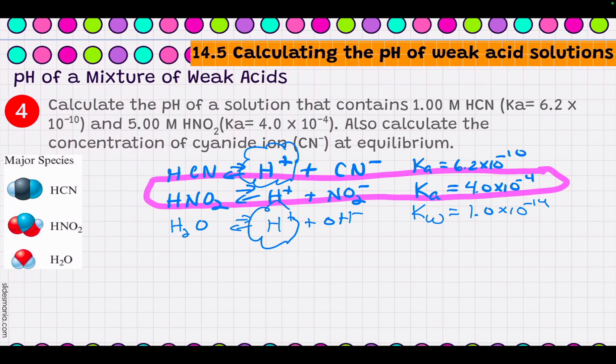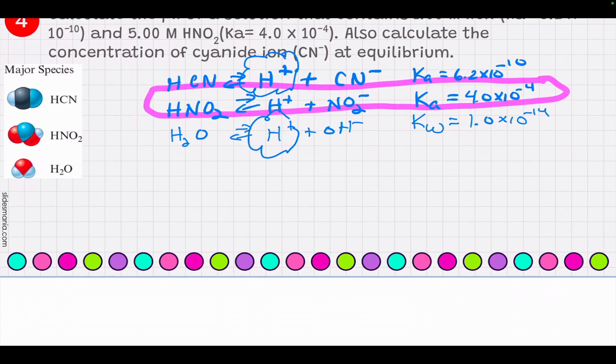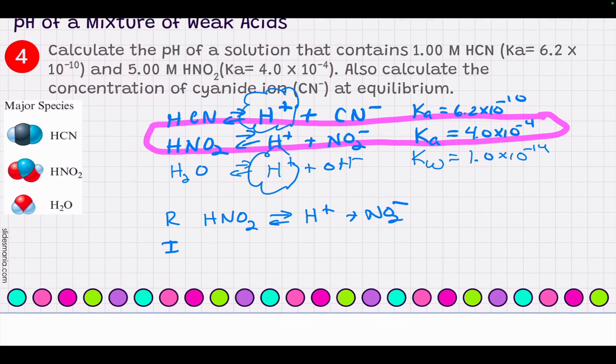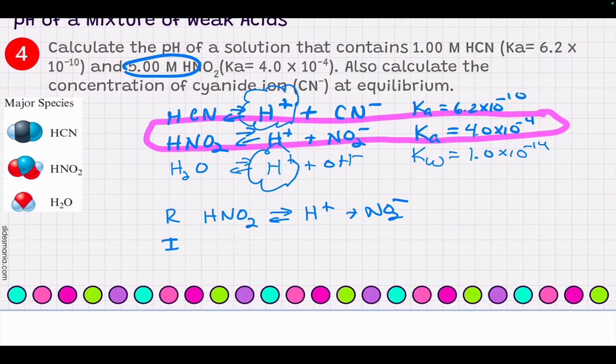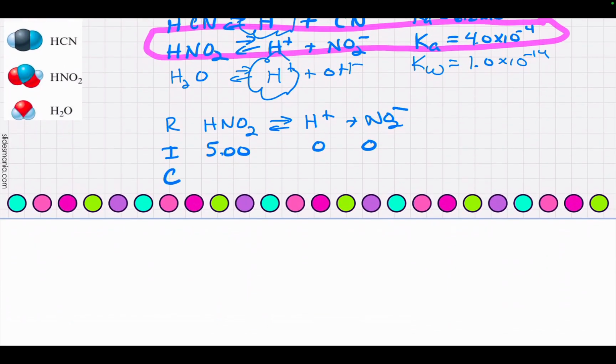So now I'm going to do a RICE table with that reaction and those beginning amounts. So my nitrous acid initial concentration is given in the question as 5. These are 0. Change is minus X, plus X, plus X. Equilibrium is 5 minus X, X, and X. Can I make the X is small assumption?